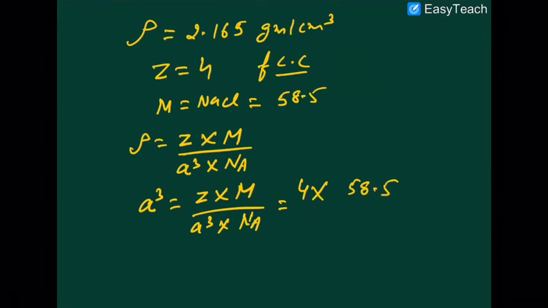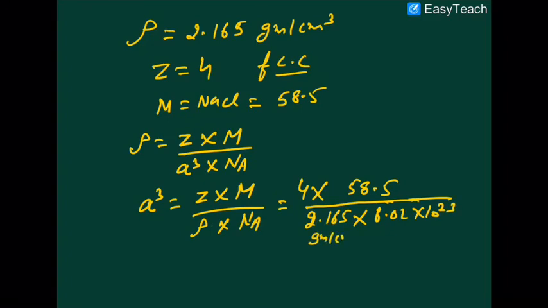Okay. And then we will have rho, that is density. Density value is 2.165 into Avogadro number 6.02 into 10 power 23. So this value is in gram per centimeter cube. So what happens? You transform into meter.